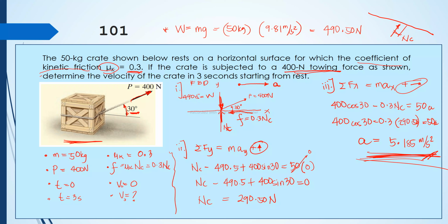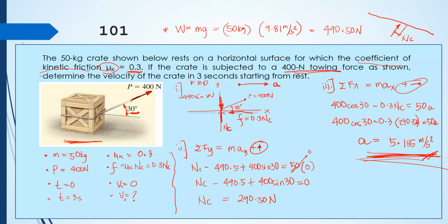There is a weight, and then there is a normal force, and a frictional force because it is specified here that there is a frictional force, and then there is a pulling force P, which is equal to 400 newtons. And then we're given here that initially the crate starts from rest. That's why our initial velocity is equal to 0. And then we were asked to find the velocity of the crate after 3 seconds.